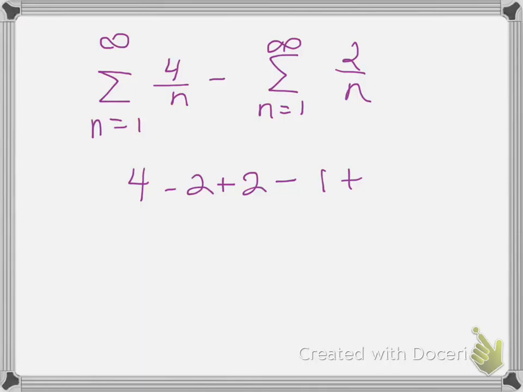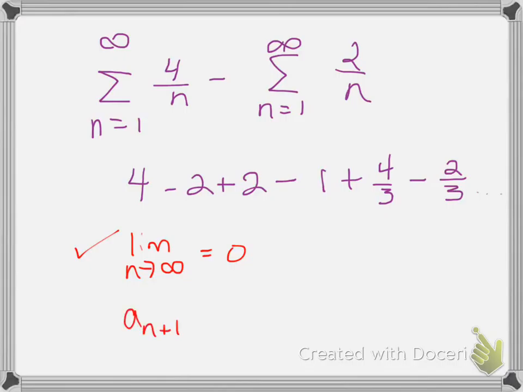Plug in 3 into both of them, and so on. Do you think this converges or diverges? It looks like the limit is probably going to be 0, right? So that condition is true.